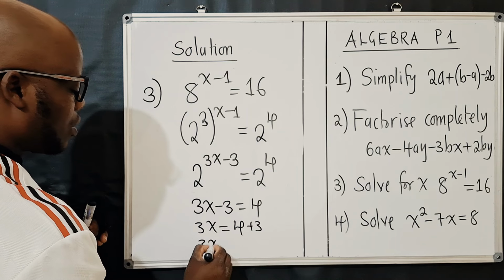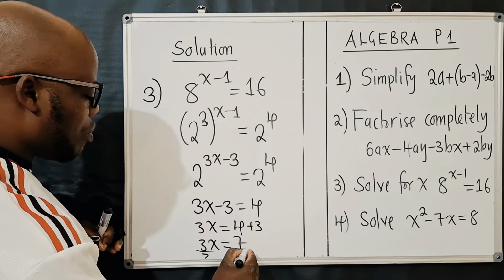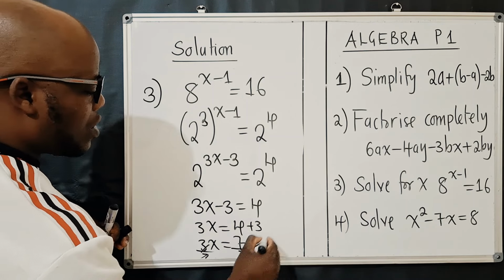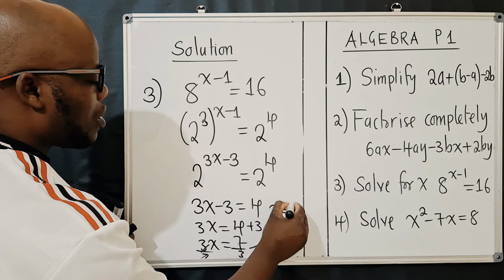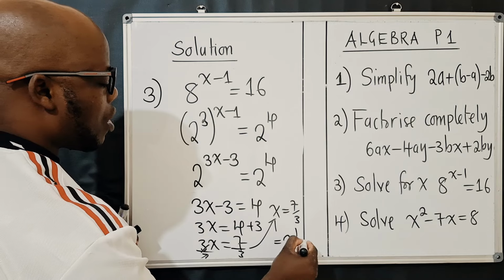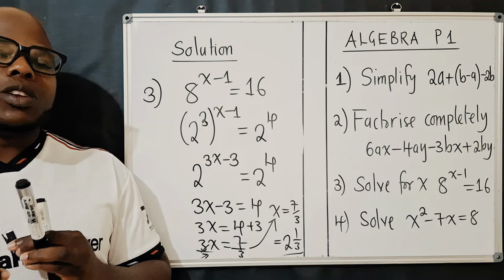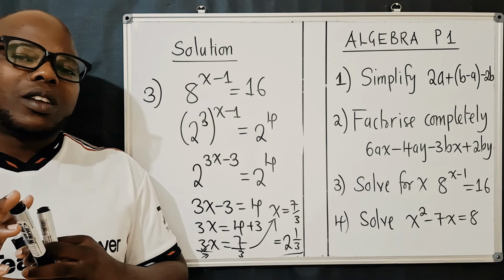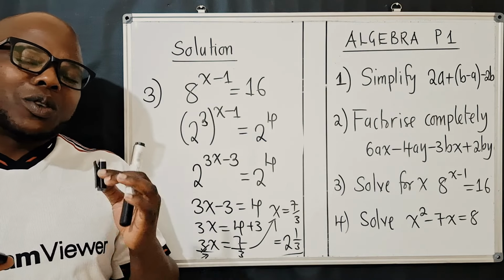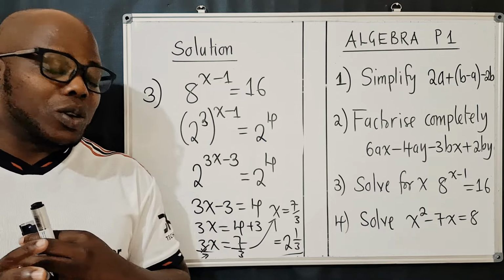So 3x is equal to 7. We divide by 3 both sides. So the value of x will be equal to 7 over 3, or we can say 2 remainder 1 over 3. That's our value, or that's the answer, which is the value of x. I guess you've gotten 1 or 2 things out of this question.